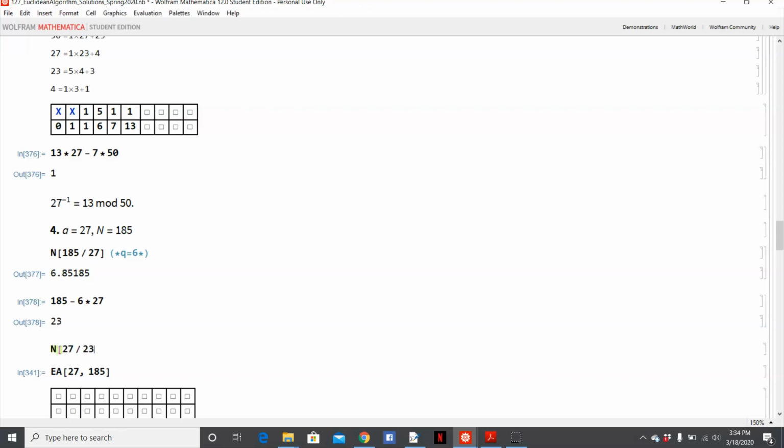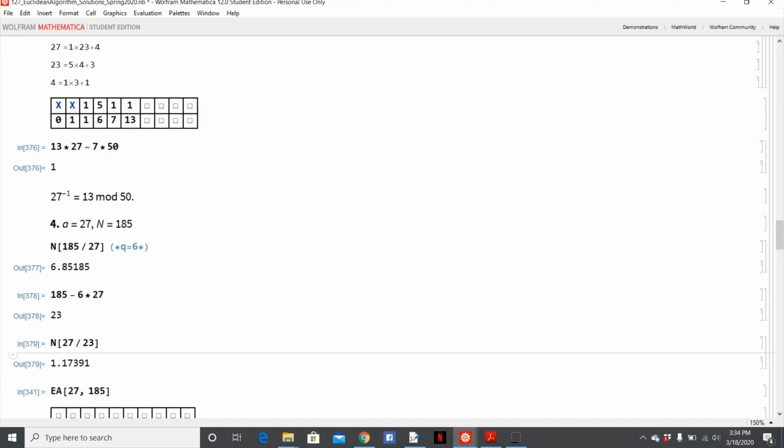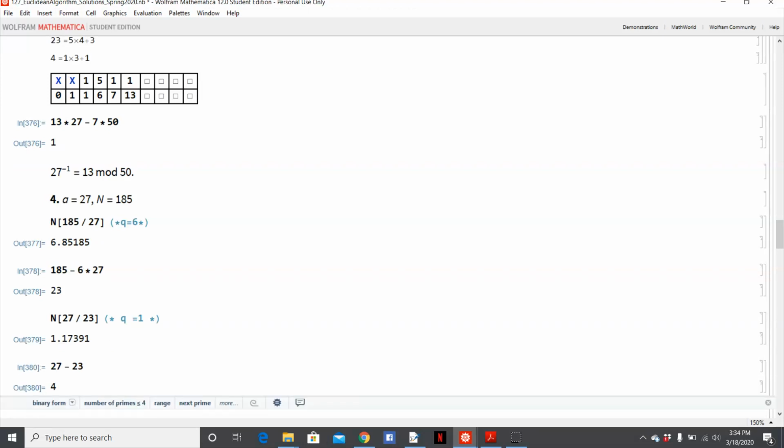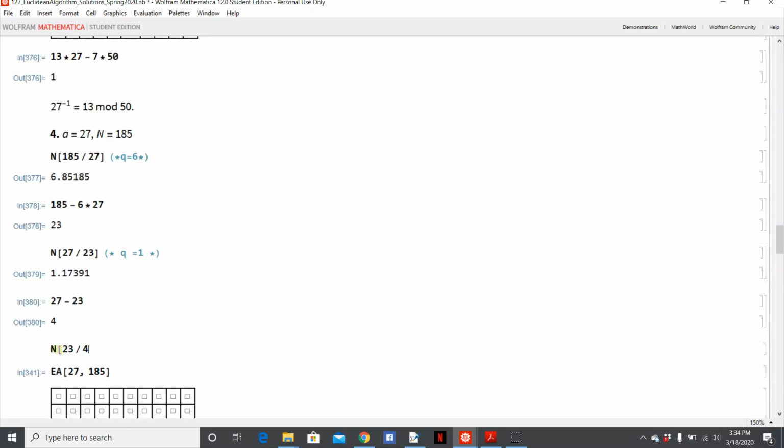And not surprisingly, I get a quotient of 1. So I take 27, I subtract 23, I get 4. Then I'm going to take 23 divided by 4.